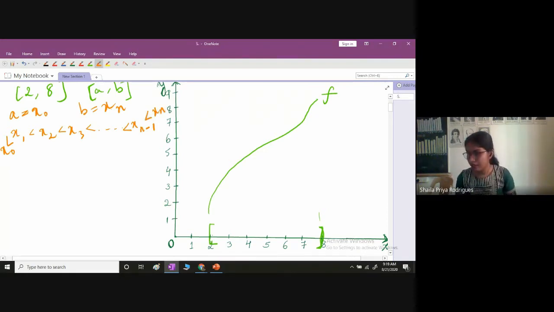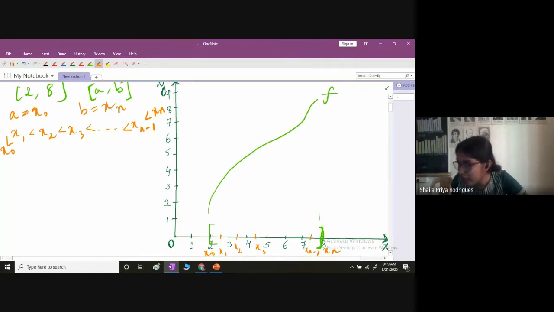Is so much understood? Let's say x1 is over here, x2 is over here, x3 is over here. They are some real numbers, I do not know what they are, chosen in ascending order. The 2 is x0 here and the 8 is xn.